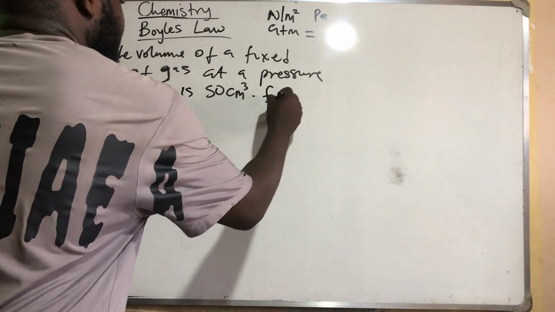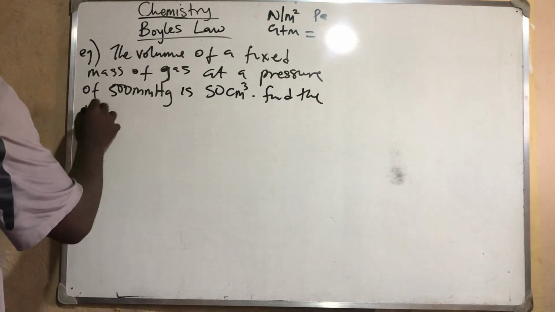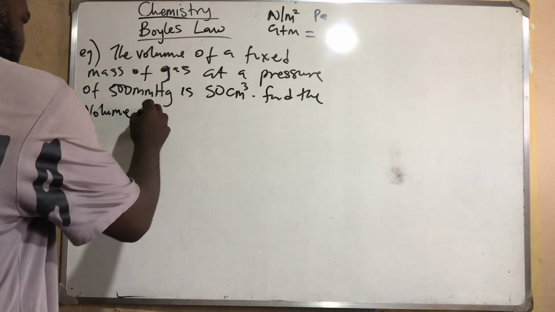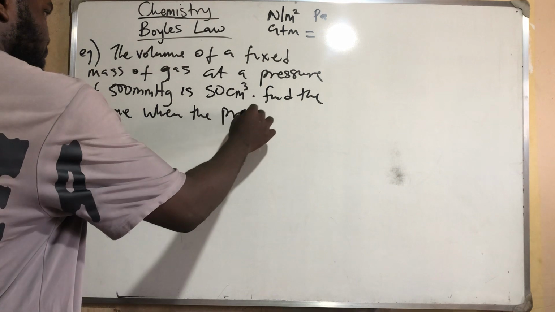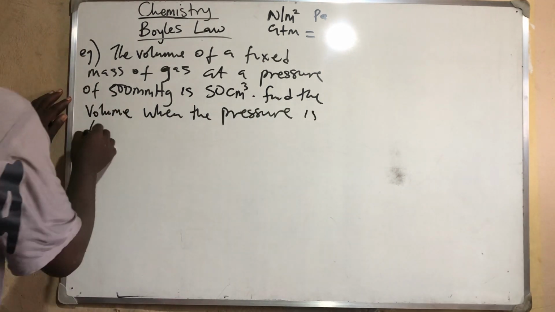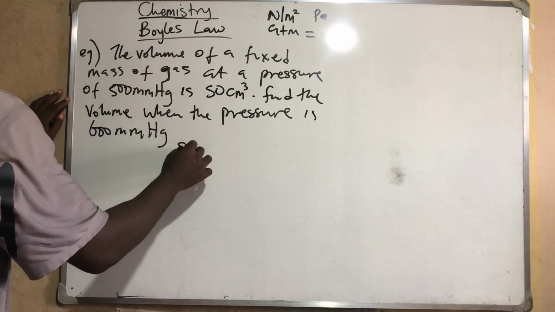Then find the volume when the pressure is 600 millimeter mercury.